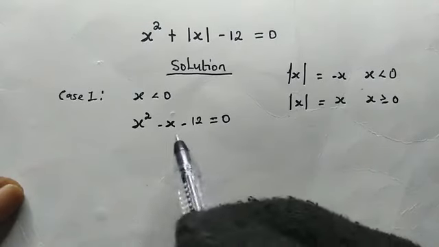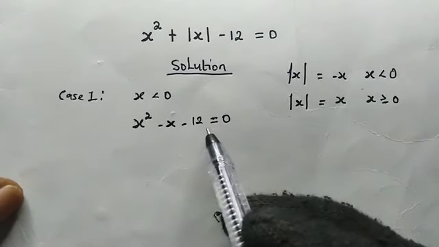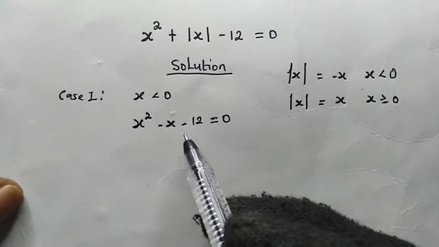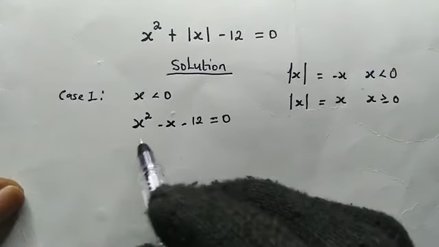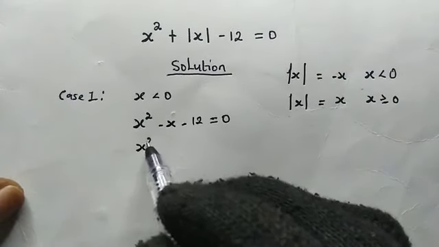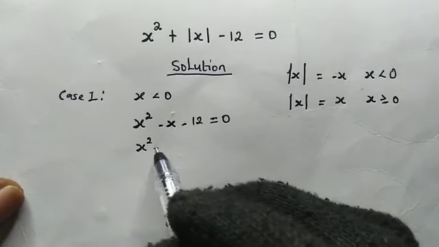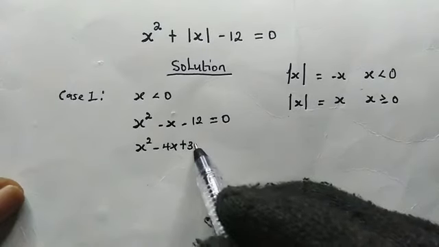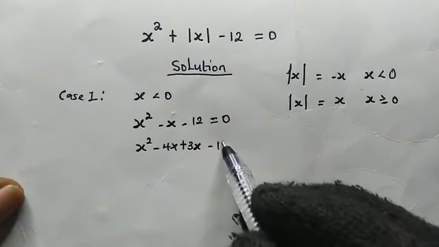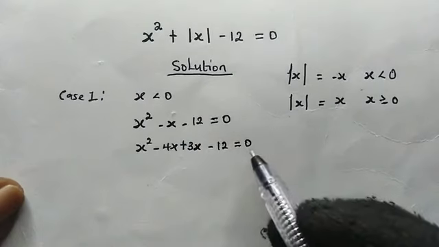This is a quadratic equation, and we're going to solve it by factorizing the left-hand side. We have x squared, minus x is the same as minus 4x plus 3x, then minus 12, equal to 0.